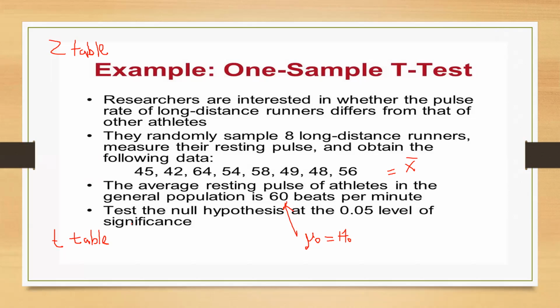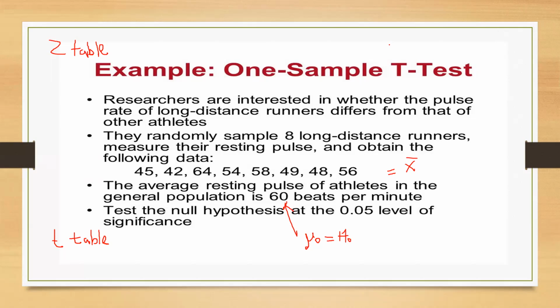And remember, I told you that our T table has different formats. We have the negative table, if you are dealing with values that are on the negative side. If you are dealing with values that are on the positive side, you look up your value in your positive table.